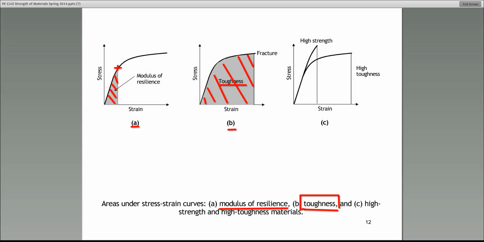If you think about it, this is the entire area under the stress strain curve that we refer to as the modulus of toughness. It can be expressed as the amount of energy that it takes for a material to fracture, to fail.